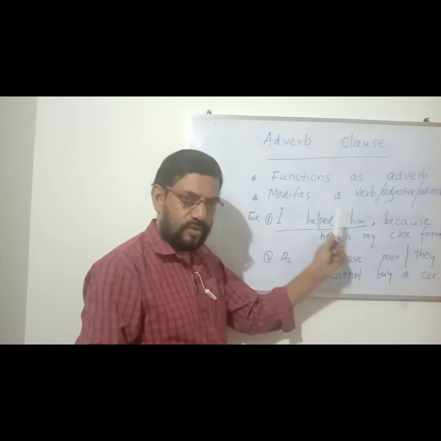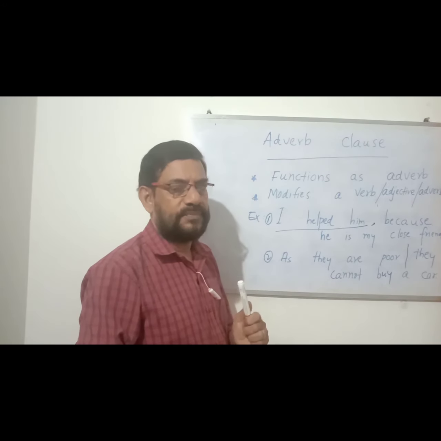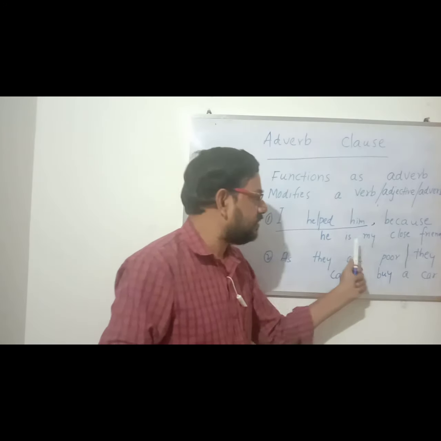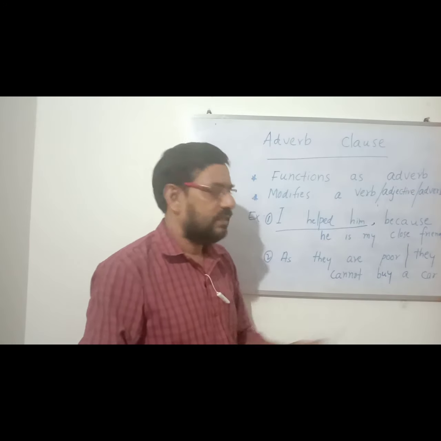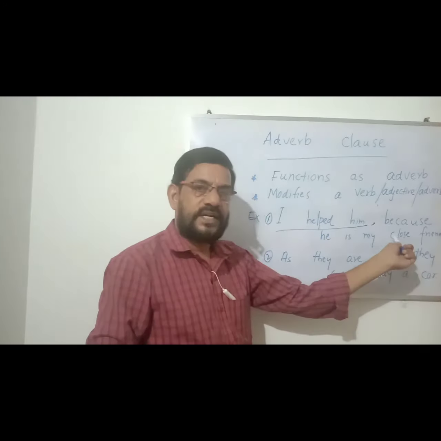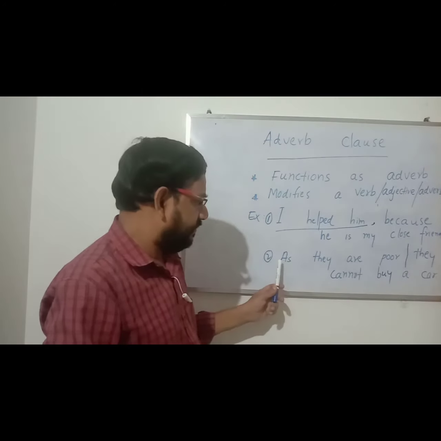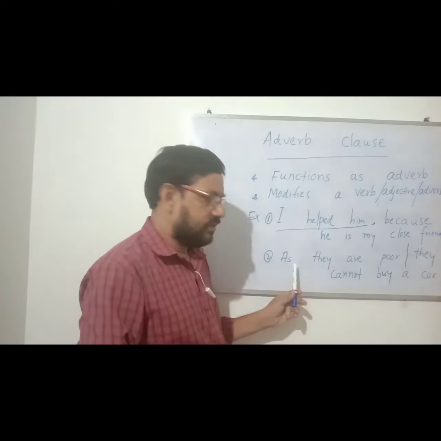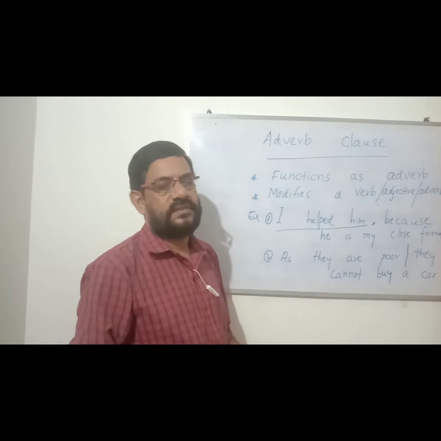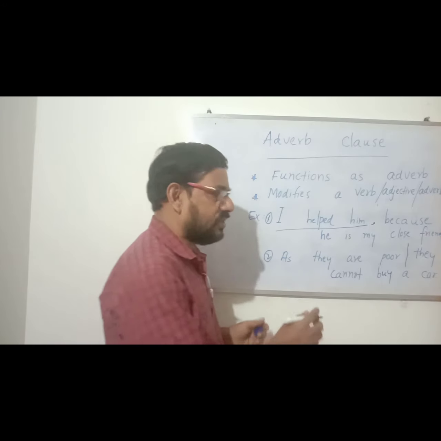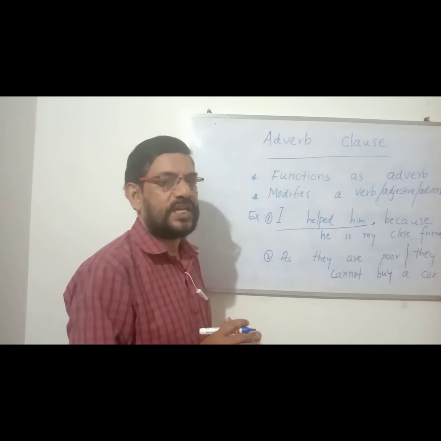Why did I help him? What is the reason? Because he is my close friend. "Because he is my close friend" is an adverb clause. And in the second sentence, "as they are poor" is an adverb clause. That is a subordinate clause. The adverb clause is the third type of subordinate clause.